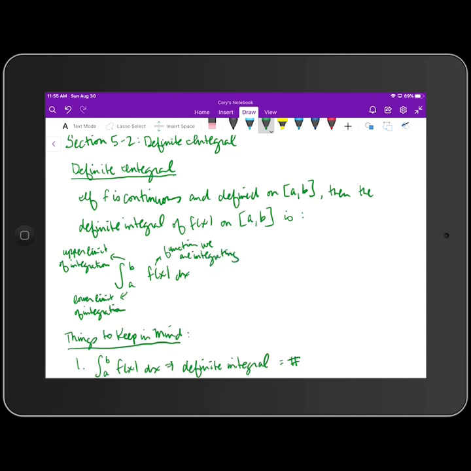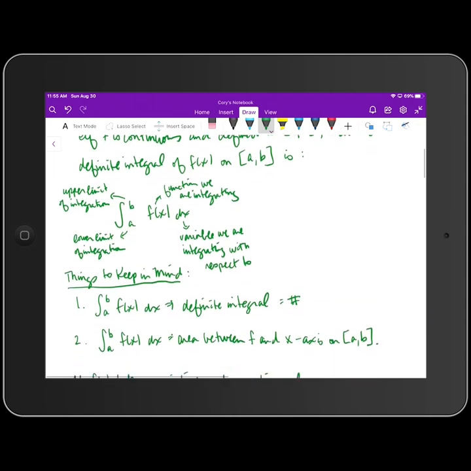And then dx, so the variable that you see there, x, that's the variable we are integrating with respect to. Okay, so in this case, we're going to be integrating the function f of x with respect to the variable x.